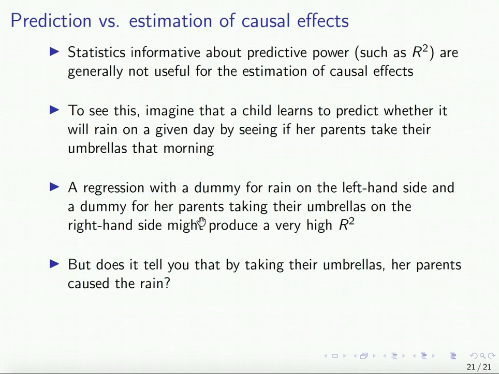So again, the main difference between prediction and causal effect is that we don't care about the highest possible prediction power. We don't care about predicting every single day whether it's going to rain. Rather, we really care about finding the determinants of rain, and specifically a determinant of rain.